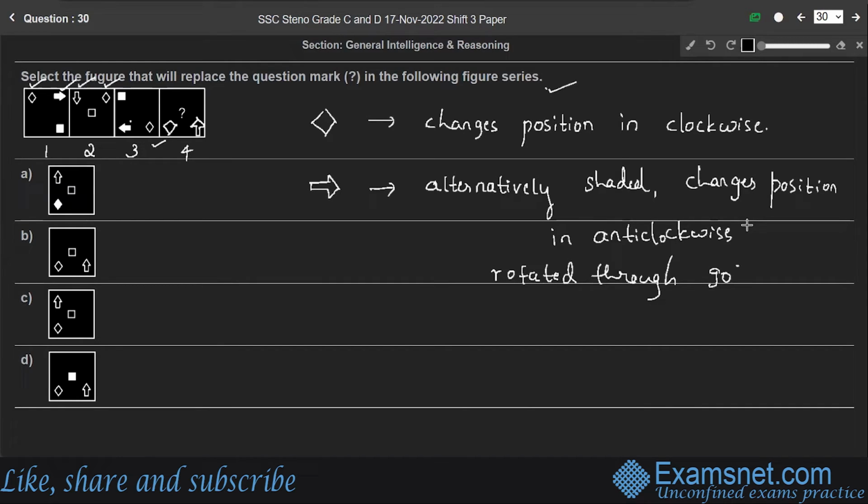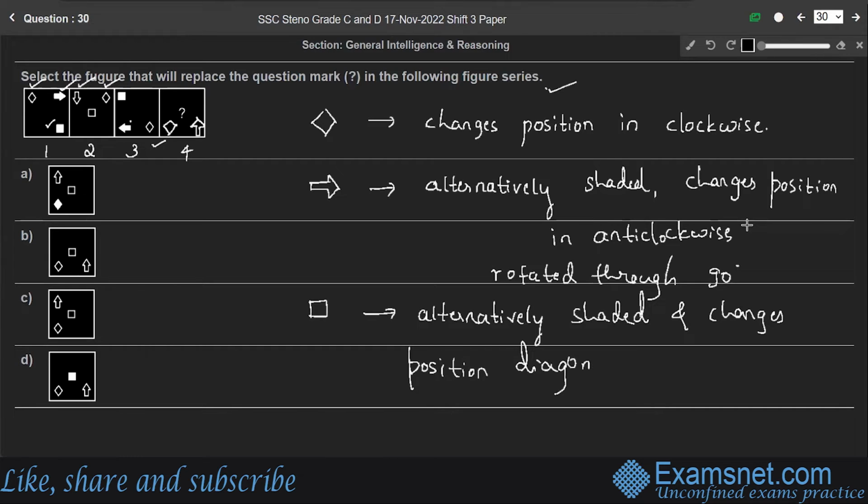So in the fourth figure, it should be non-shaded. Next, come to the square shape. Look at the position of the square. The square changes its position diagonally, which is alternatively shaded. Therefore, we can write: alternatively shaded, and changes its position diagonally.